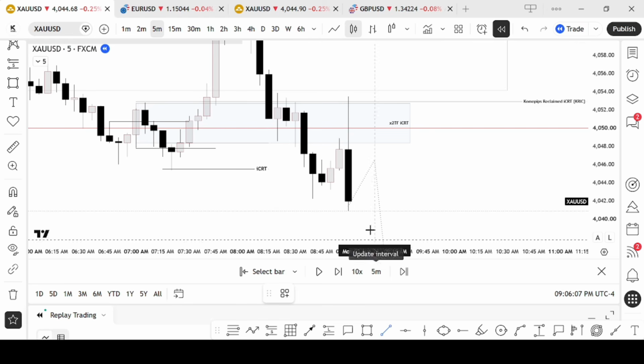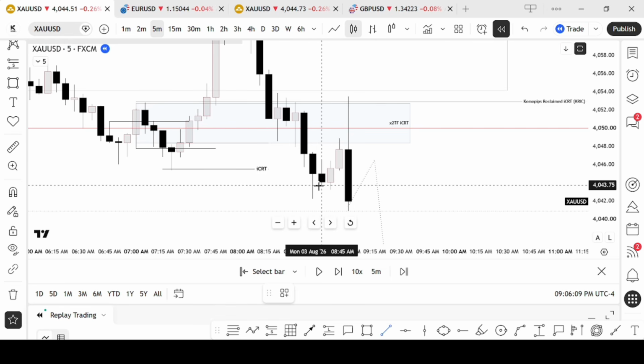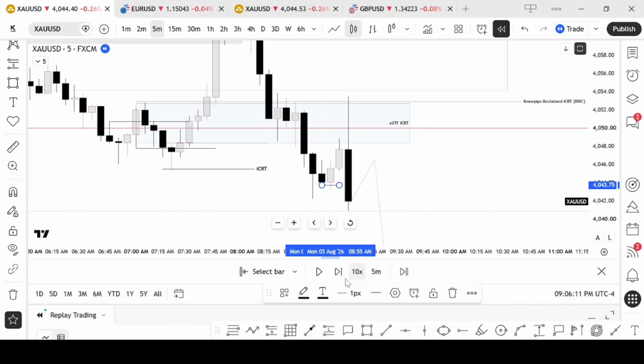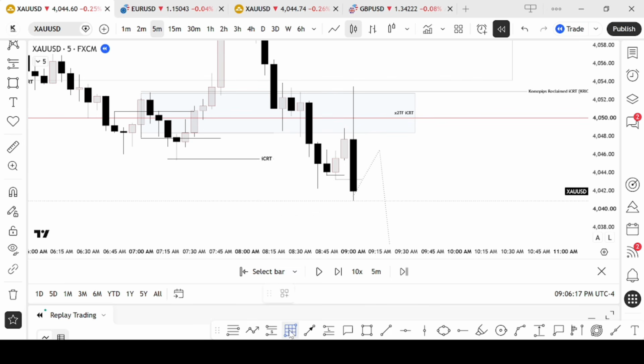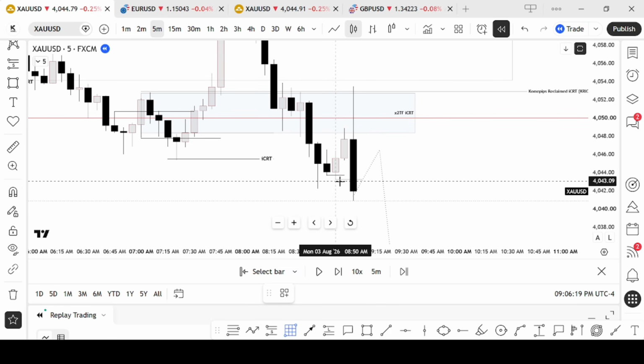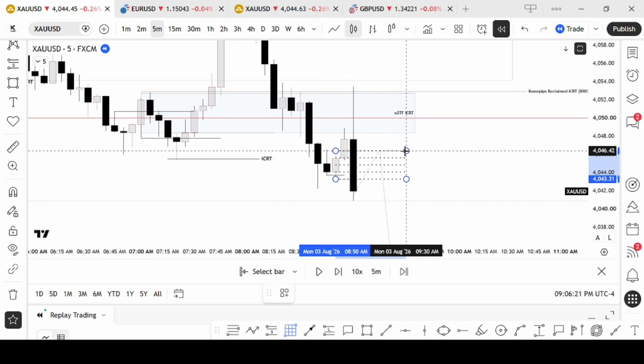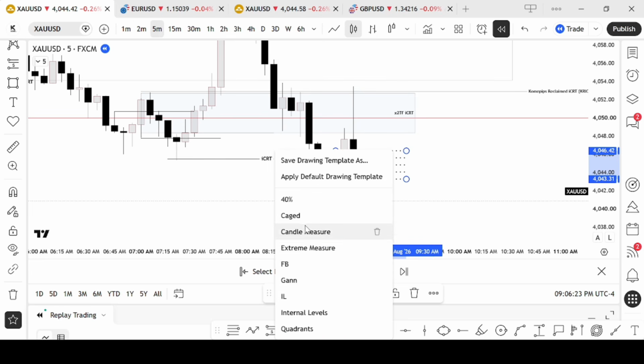And as you can see right here, we have CRT there and we have ICRT here. Therefore, where is our entry? We are going to enter from here directly.